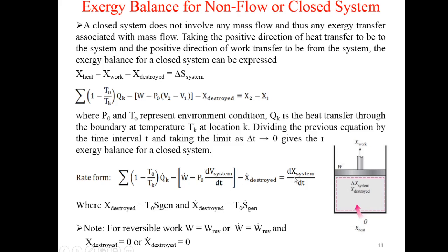This is the change in exergy of the system with respect to time, where the rate of exergy destroyed is equal to T naught times the rate of entropy generated. For reversible work, the rate of work will be equal to the rate of work in the case of a reversible system, and the rate of exergy destroyed will be equal to 0 in the case of a reversible process.